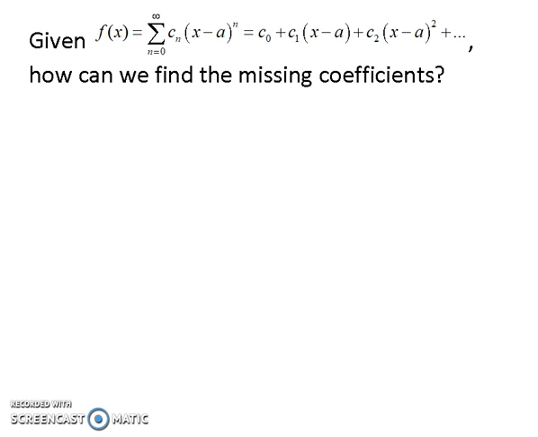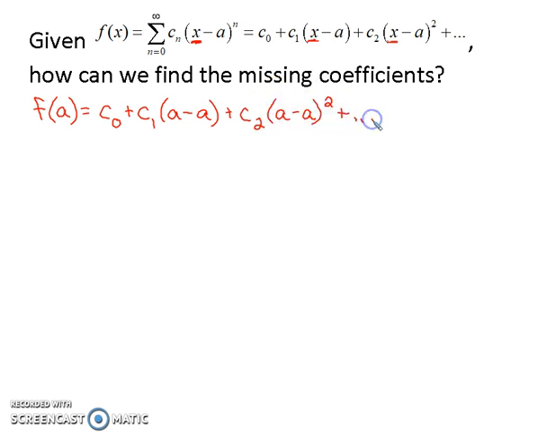Well, what if we replaced the x here and in all the terms with an a? If we do that, then f of a would be c sub 0 plus c sub 1 times a minus a plus c sub 2 times a minus a squared, and so on and so forth.